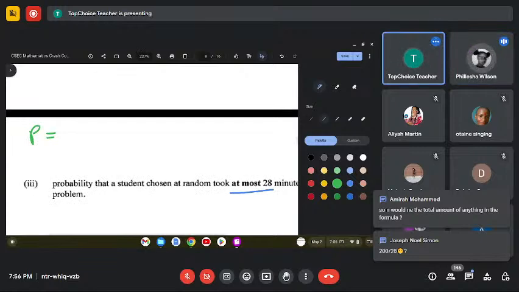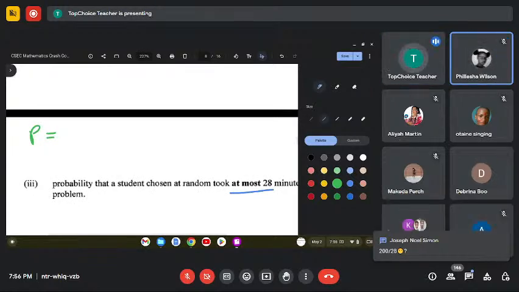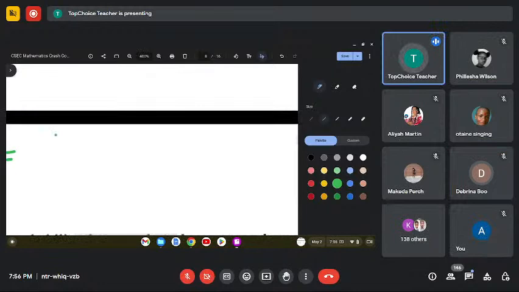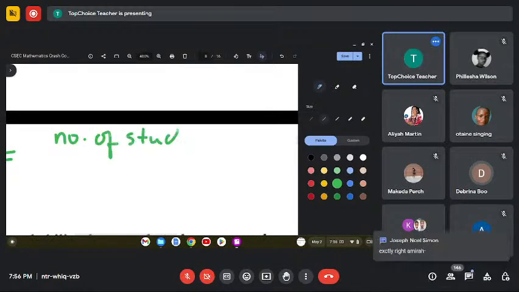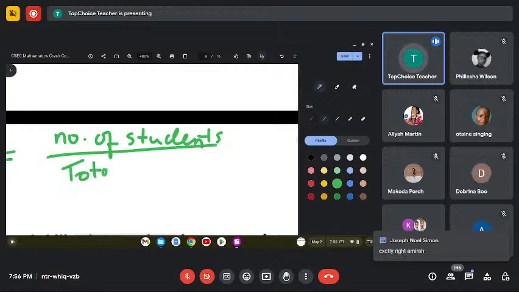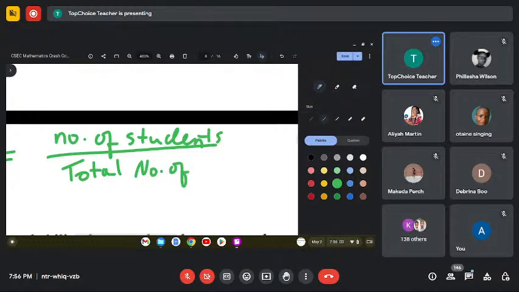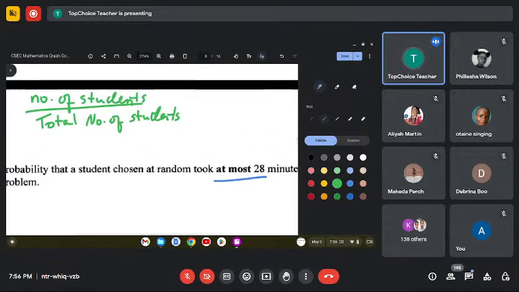Number of students over total, not 100, total number of students. So we're looking at the number of students who fit this criteria and divide it by the total number.